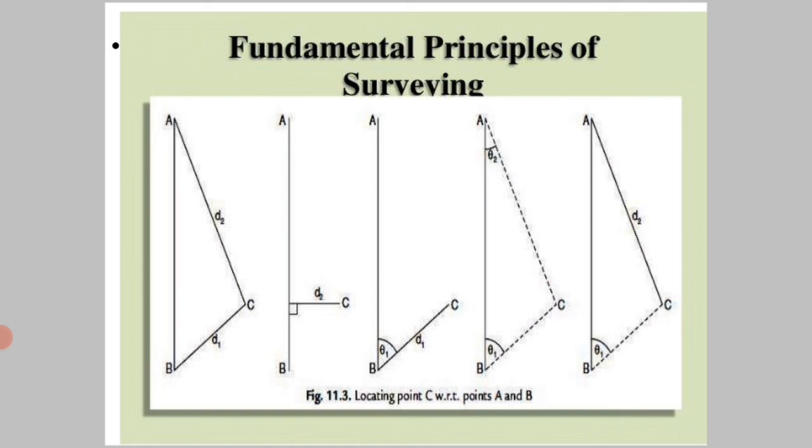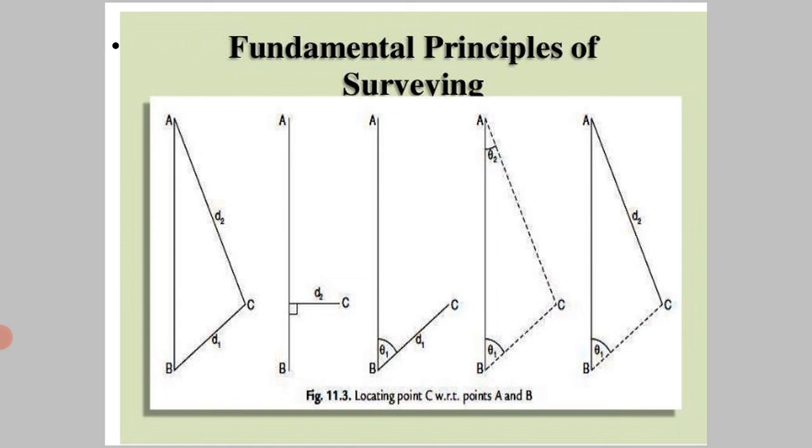as angle ABC, right? Then figure fourth shows two angular measurements at A and B, that is theta 1 and theta 2, as angles CAB and ABC, right?